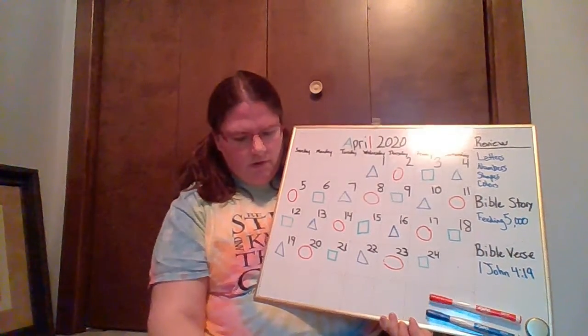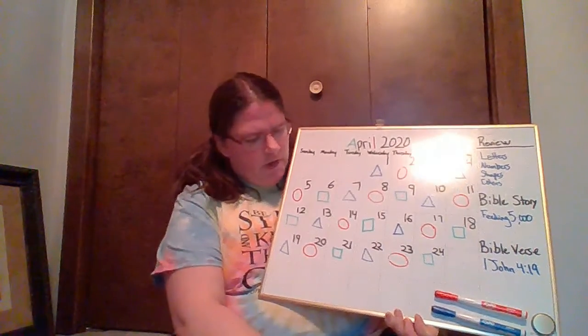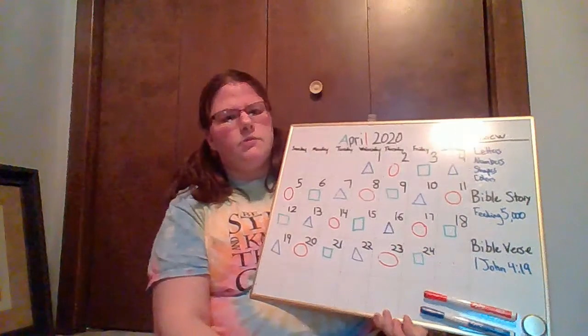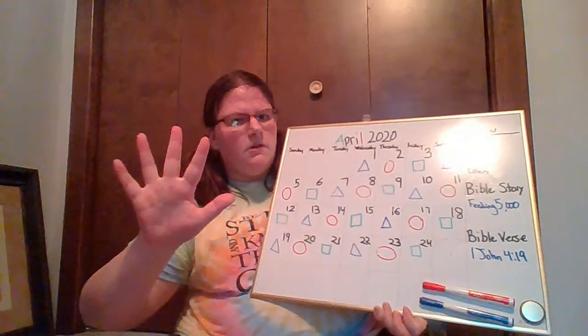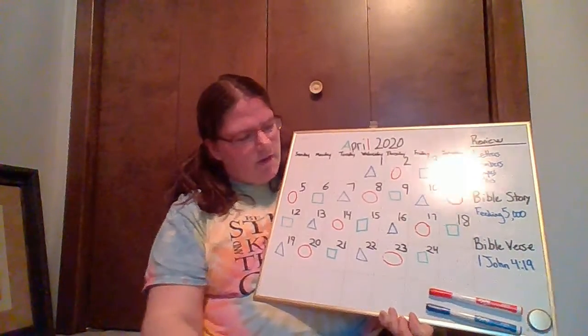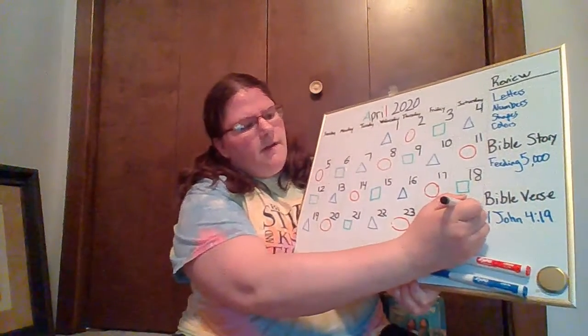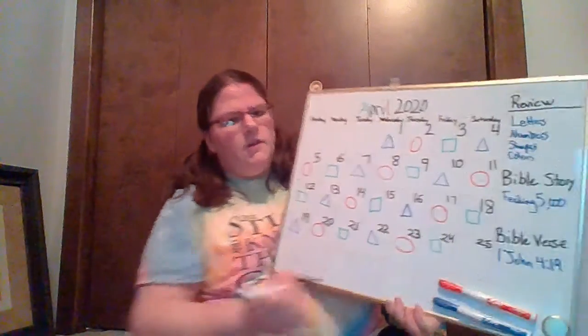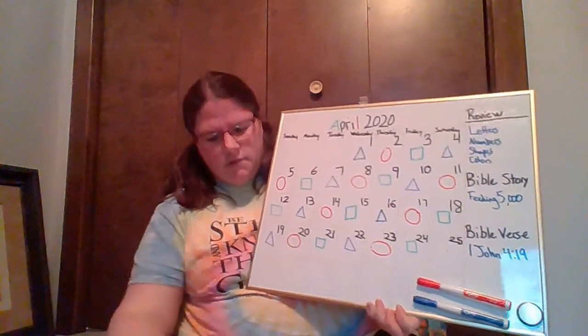So what comes next? We have numbers 23, 24, 25. 25 looks like this. 2, 5. 2, 5 is 25.